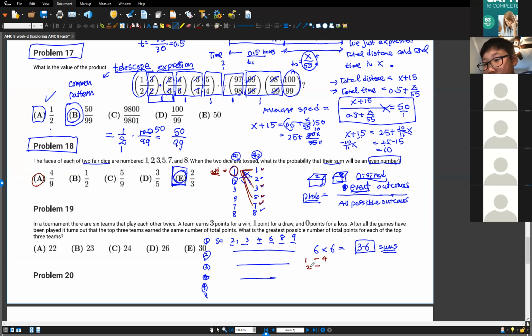What about number 2? How many sums are even? 2 plus 1 is 3, not even. 2 plus 2 is even. 2 plus 3 is not even. 2 plus 5 is not even. 2 plus 7 is 9, not even. 2 plus 8 is 10, even.